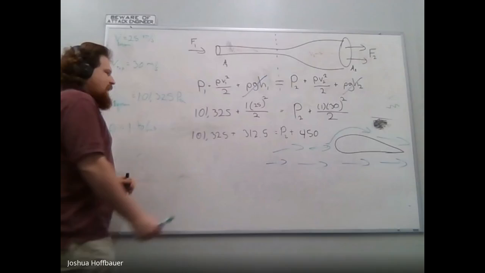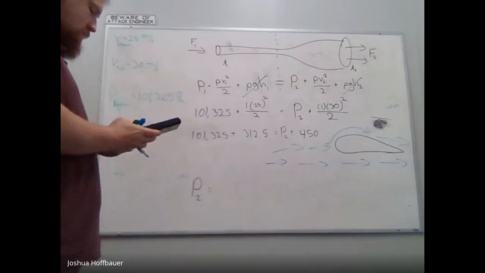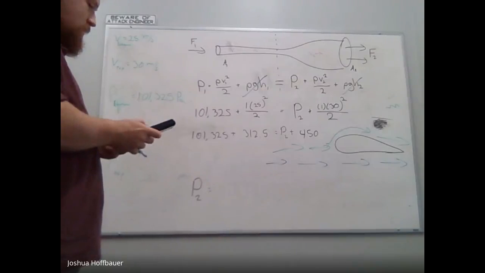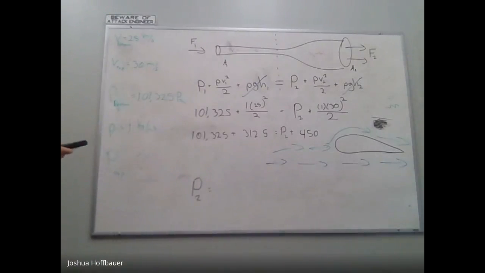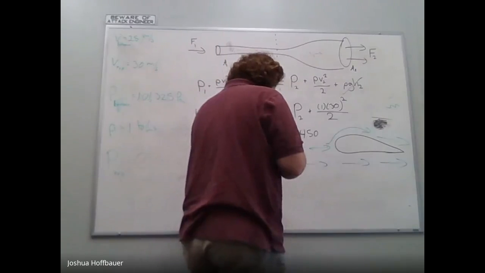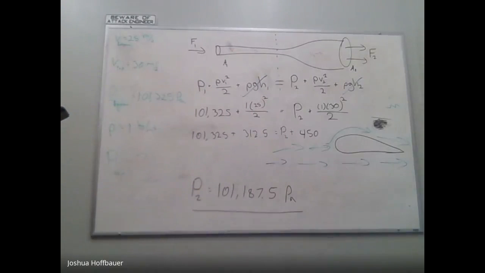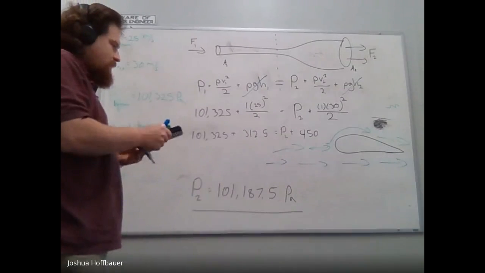So we're going to end with an answer that says that the pressure above the wing should come out to be 101,187.5 pascals.